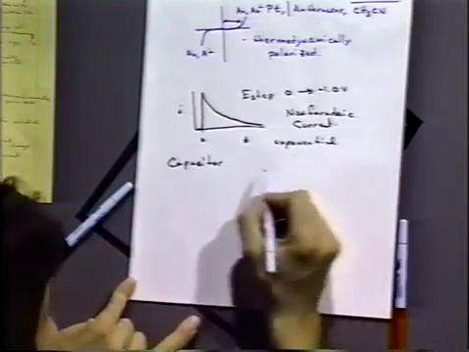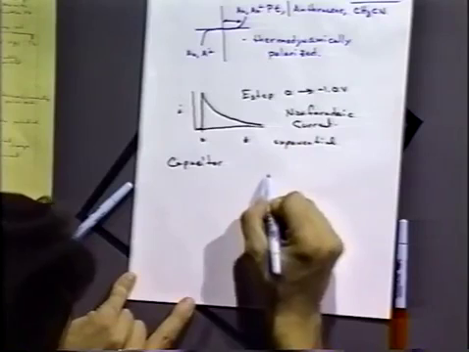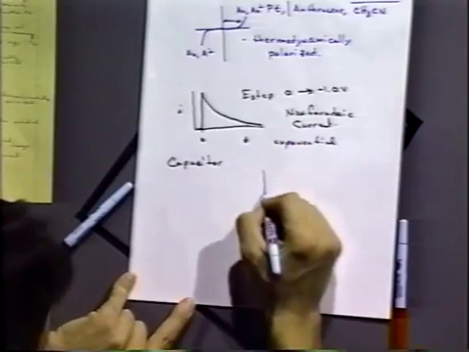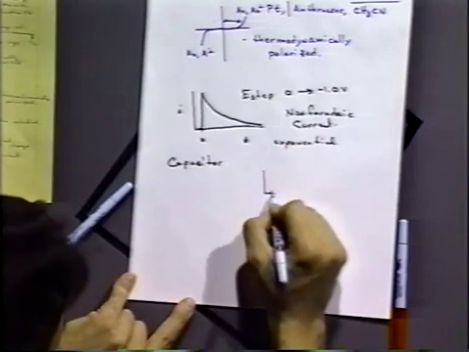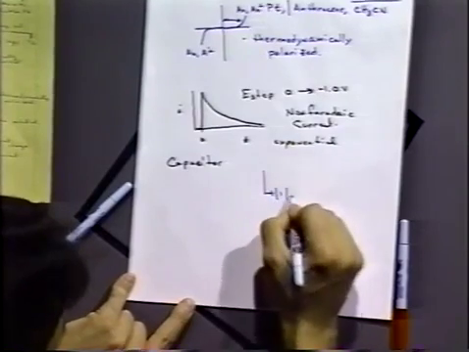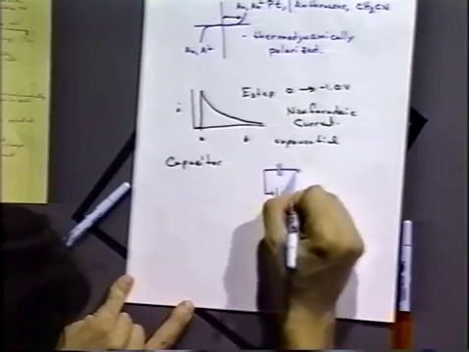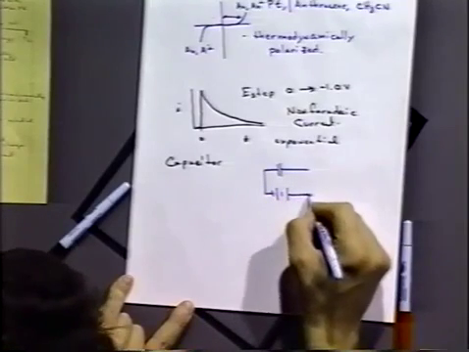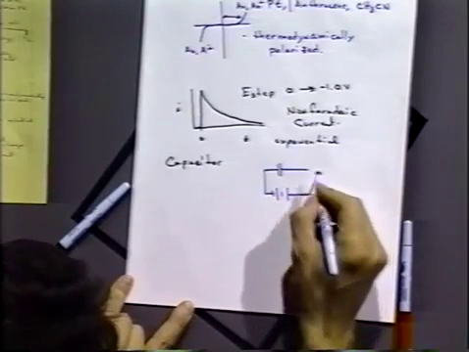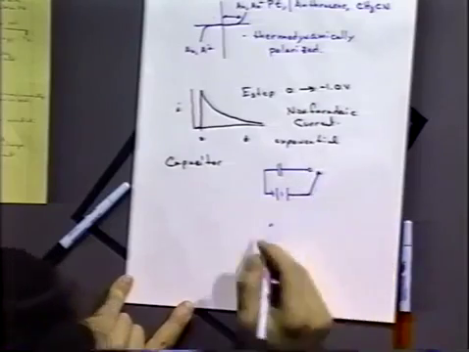Now let's do some electronics here just for a minute. Suppose we have a system, an electronic system composed of a battery and a capacitor, okay, and a switch. Here's our switch. Here's our contact on the switch. Here's the battery.